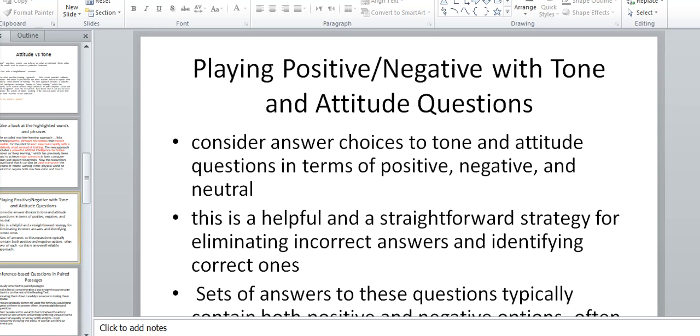If he is talking poorly about a certain topic or a certain person, this means that the attitude of the writer is rather negative. So the answers must be negative. Okay, any answer that is positive, we exclude it from the options that we got. This is a very helpful, straightforward strategy for eliminating incorrect answers and identifying correct ones. It will help you a lot on the test.